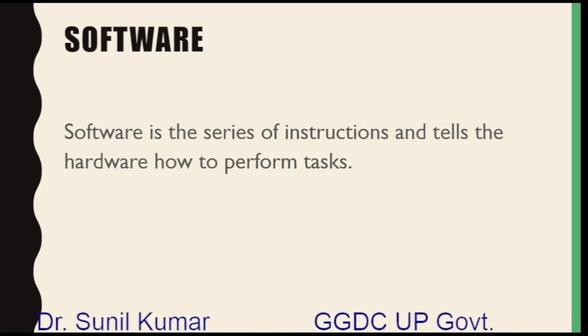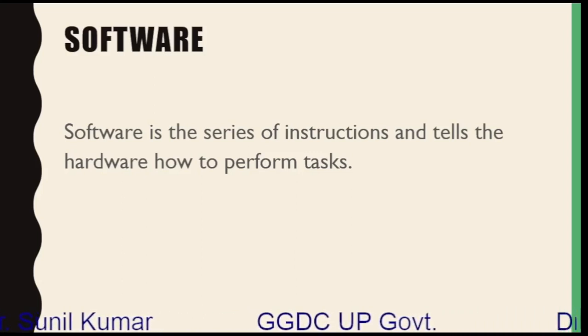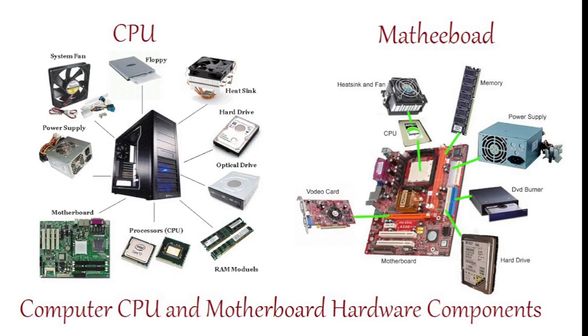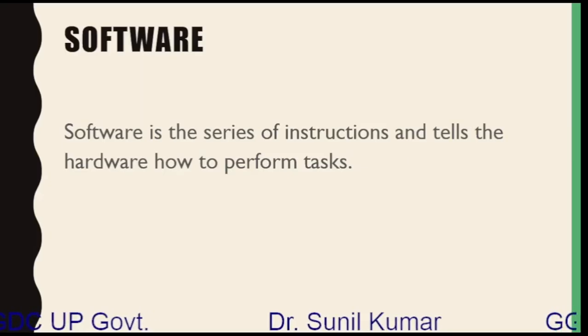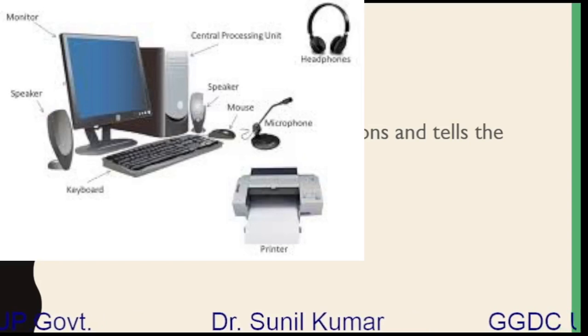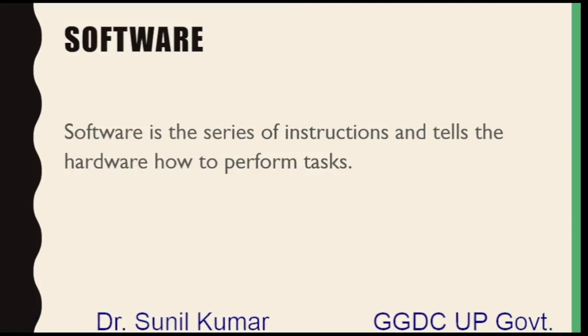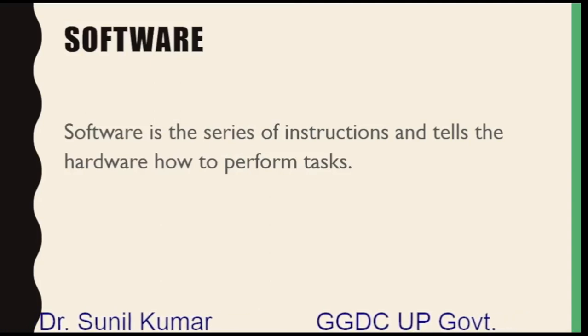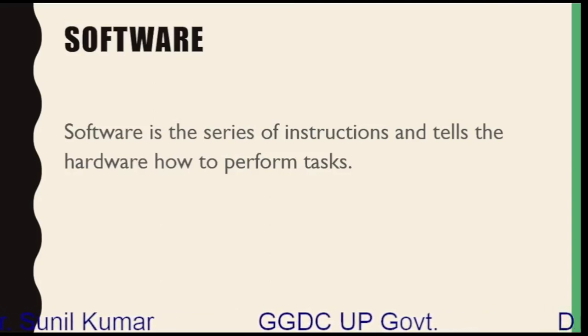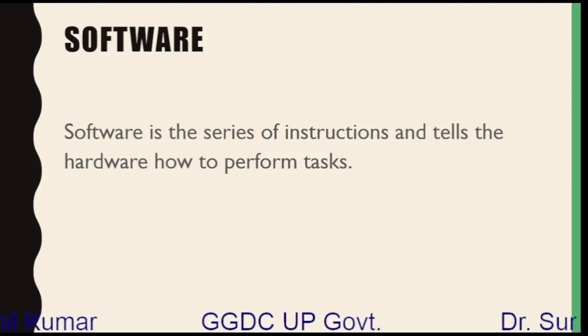Software is often updated and improved over time, with new versions and patches released to fix bugs, improve performance, and add new features. The ability and quality of software can have a significant impact on the user experience and productivity of a computer system.